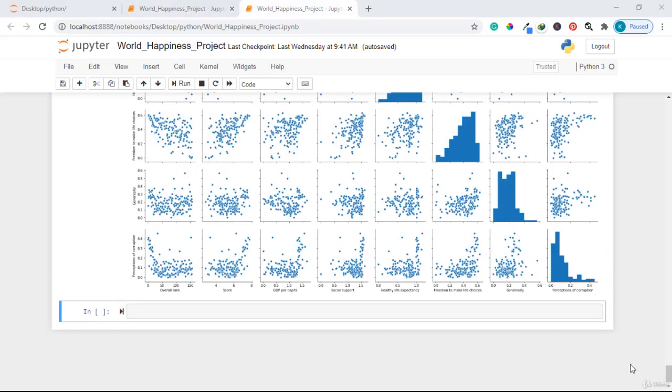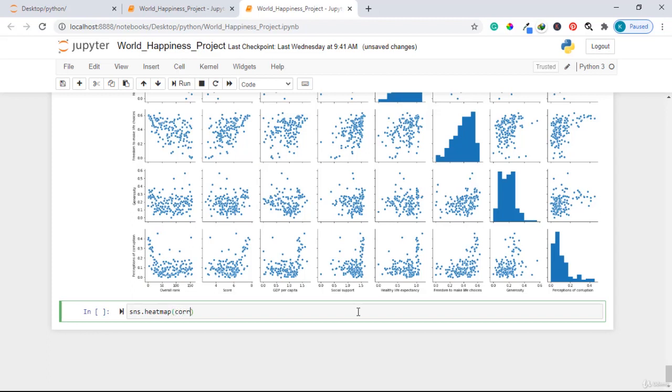Now, if you want to visualize these correlation values in a more beautiful structure, you can use what we call the heat map. You use it from the Seaborn library, and this is what you do. You just type sns.heatmap. Inside here you pass two values.